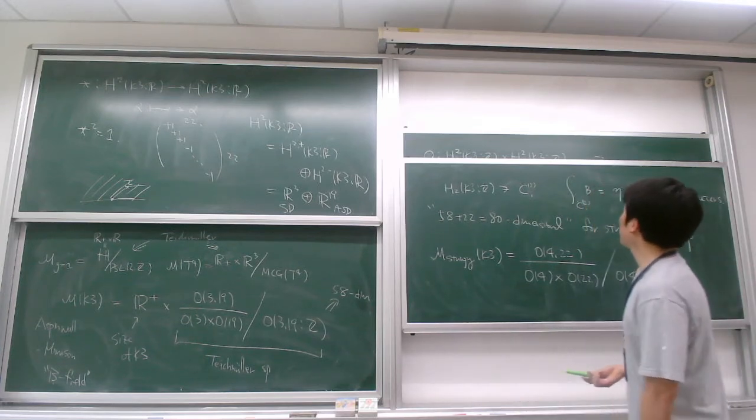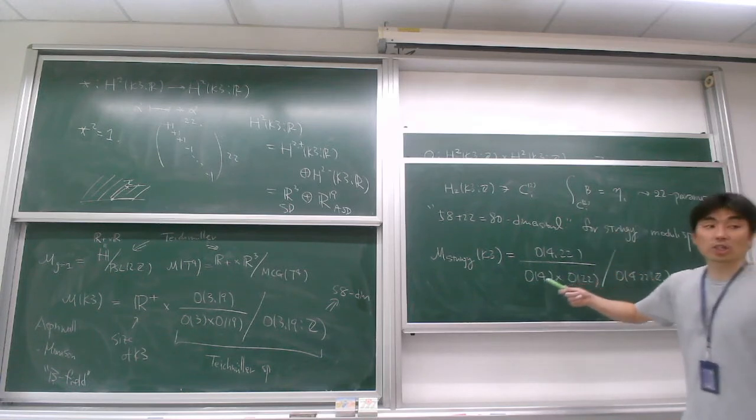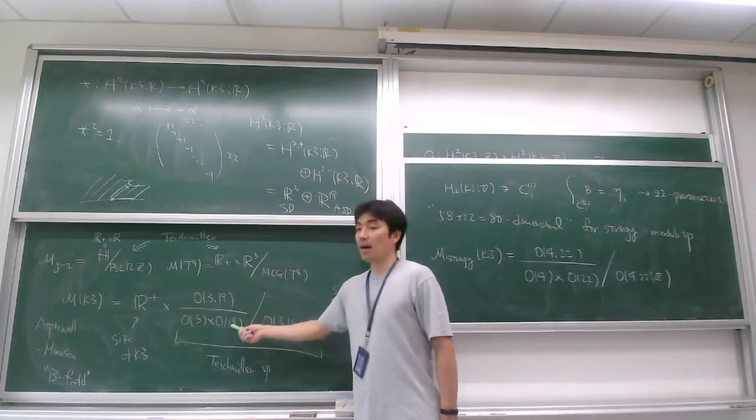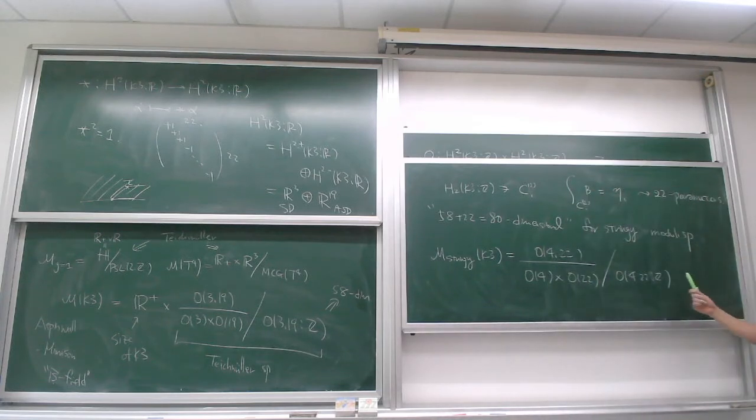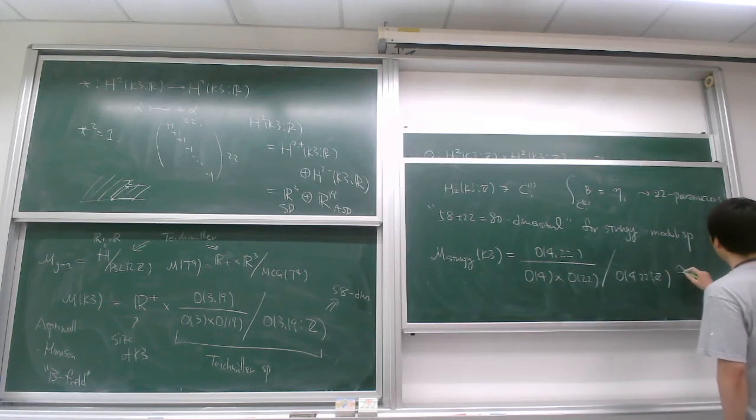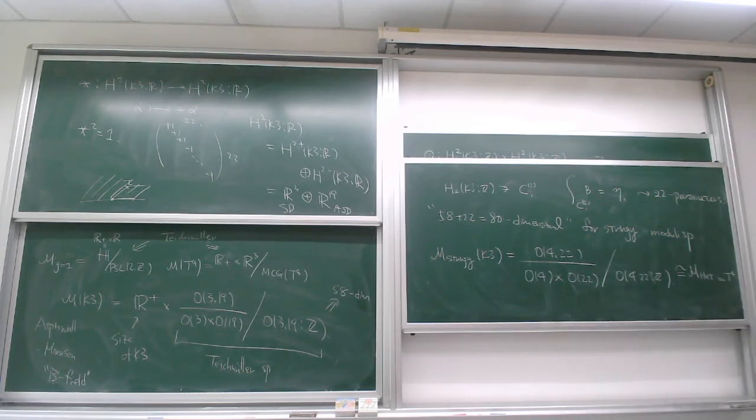If you incorporate this B field, the modular space gets enhanced and becomes a bigger space like this one. This is indeed equal to the modular space of the heterotic string on T4.